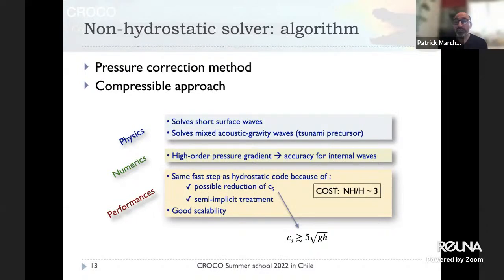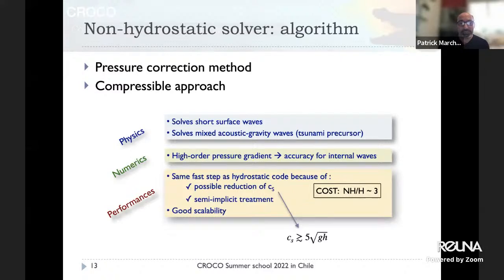One is that we can reduce the speed of sound without affecting the solution, at least the non-hydrostatic solution. All we need to do is to have the speed of sound larger than the barotropic phase speed, maybe 5 times, maybe less, but about this order. It doesn't need to be 1500 meters per second as it is in the real world.